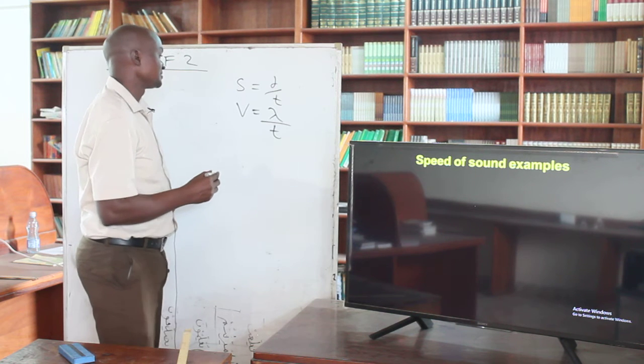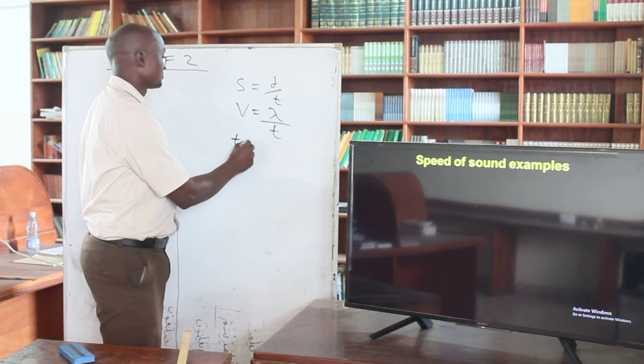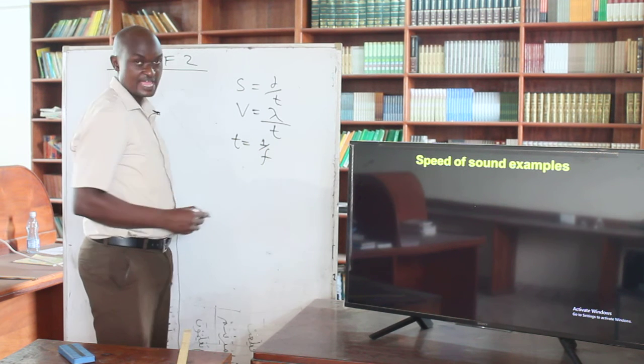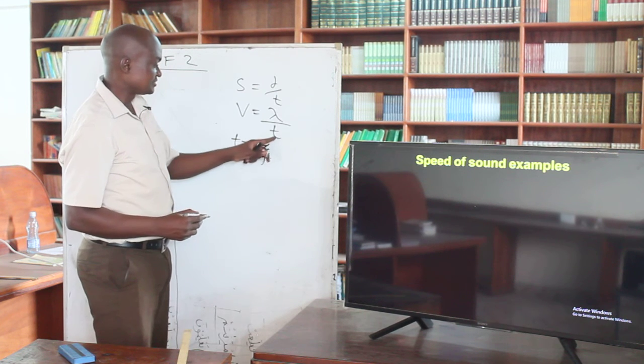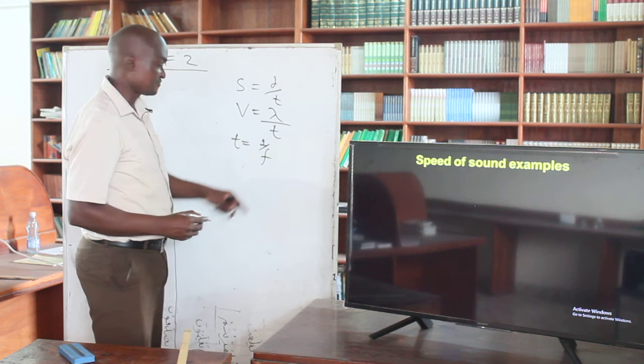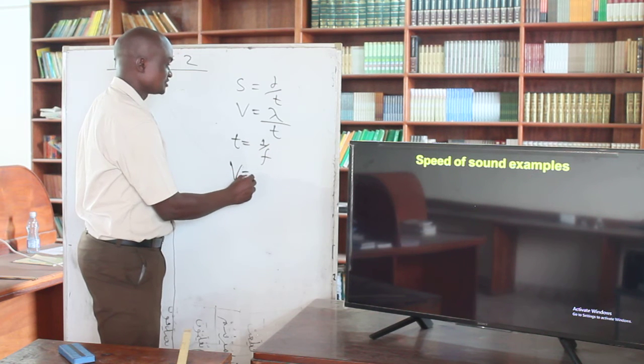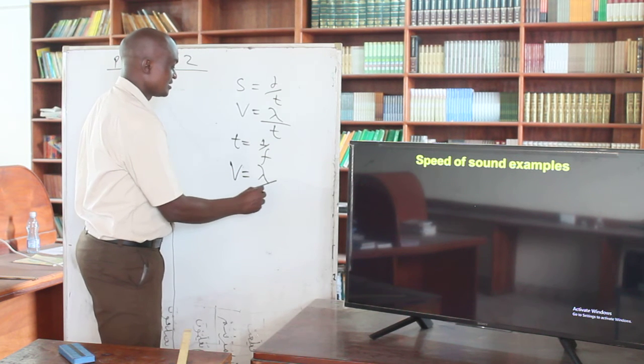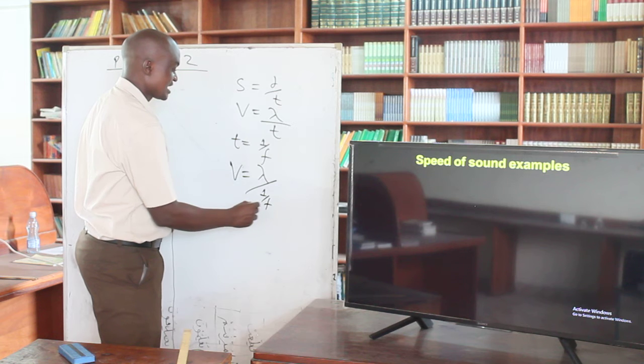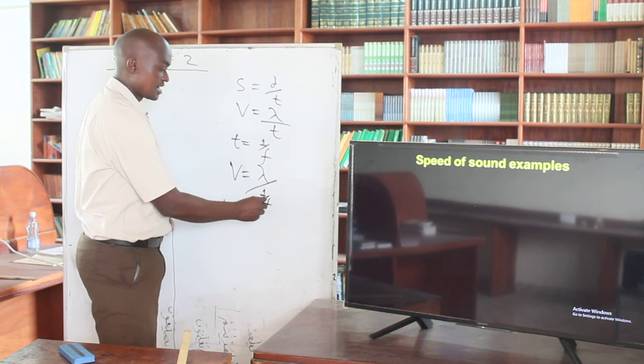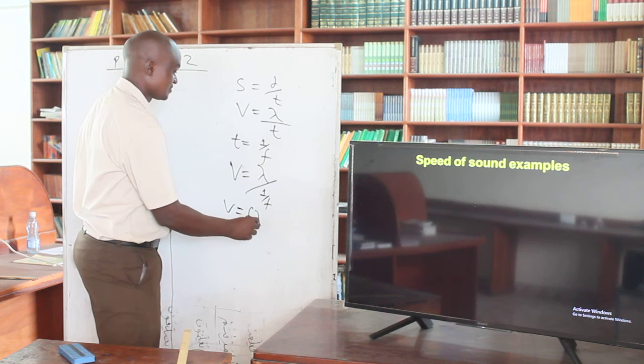Now, since we also know that time is the same as 1 over f, if we substitute time with 1 over f, then our velocity or speed is lambda divided by 1 over f. And if you work this out, it will be f lambda.